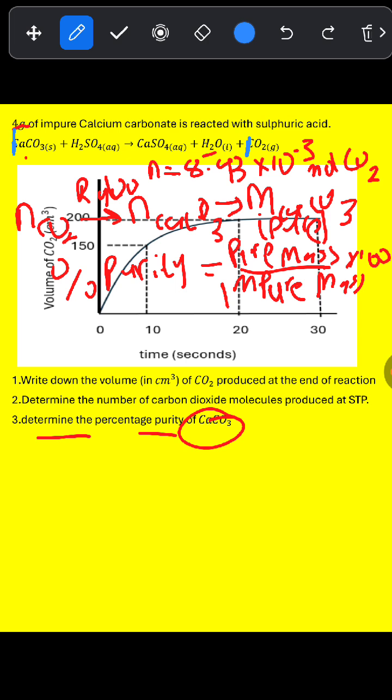So the ratio of carbon dioxide to calcium carbonate is 1:1.